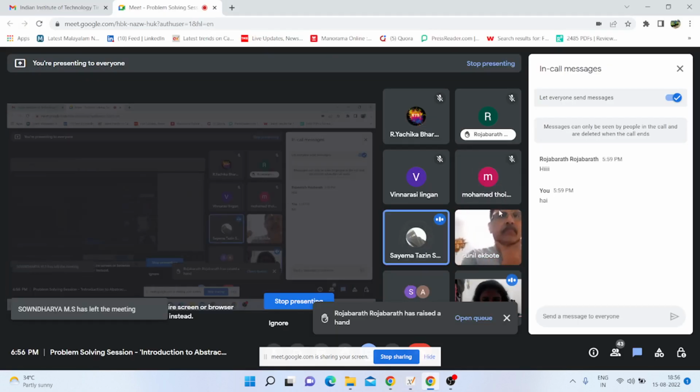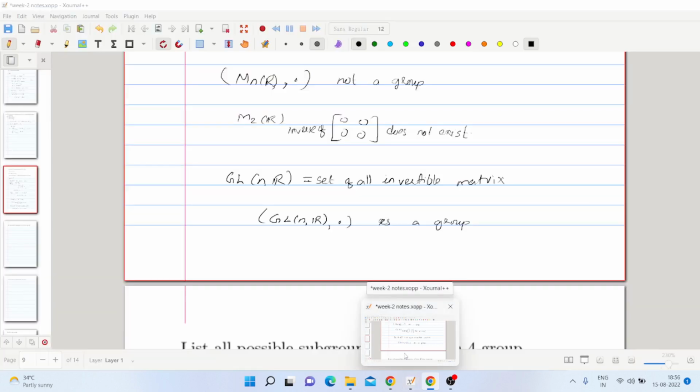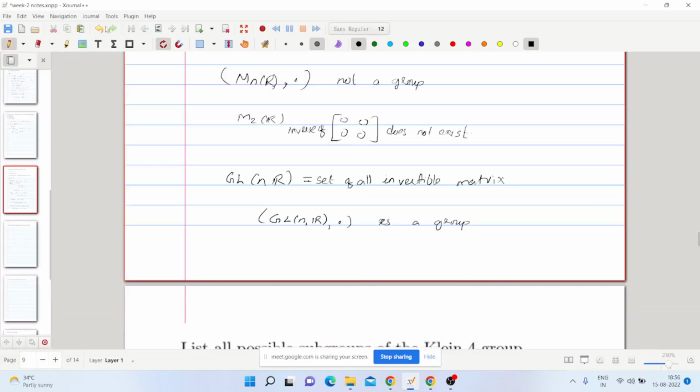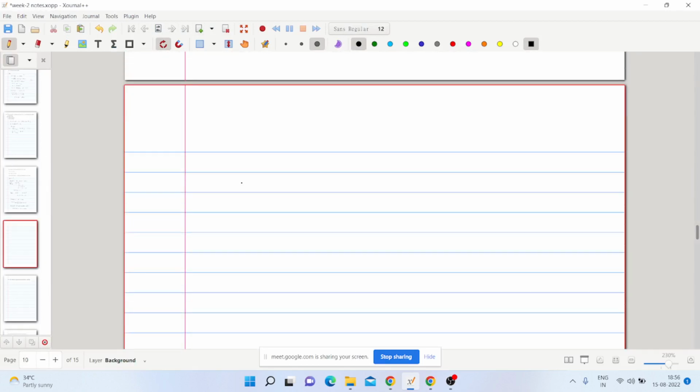Ma'am, what can you say about SLN of R? SLN of R means determinant is 1, right? Right. Okay, we will check that also. SLN of R means the set of all n by n matrices with determinant 1.